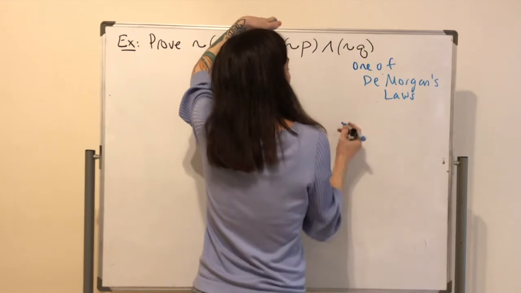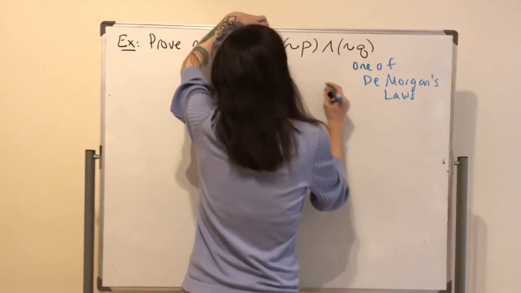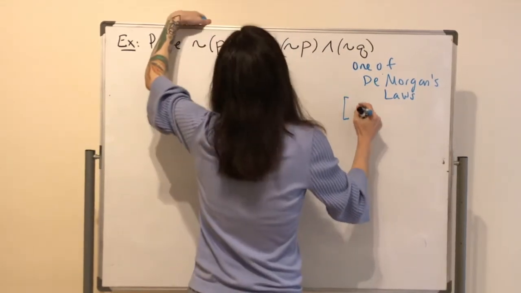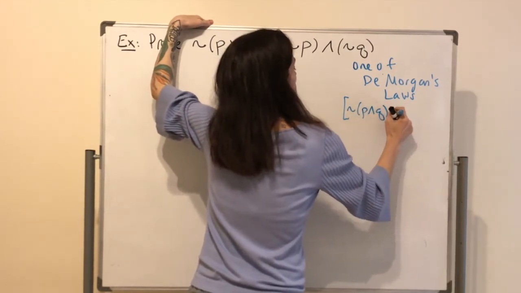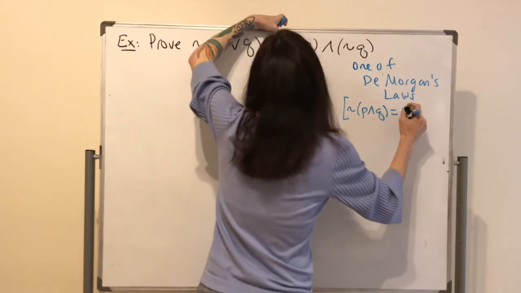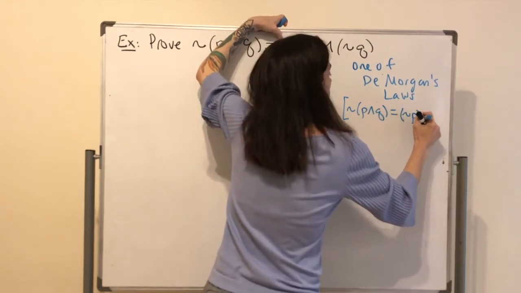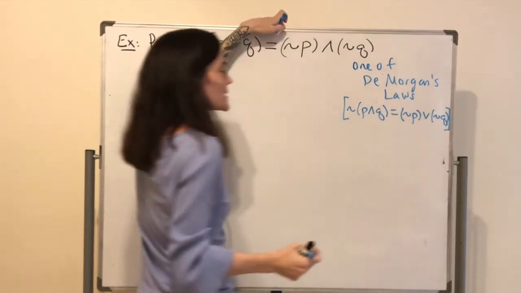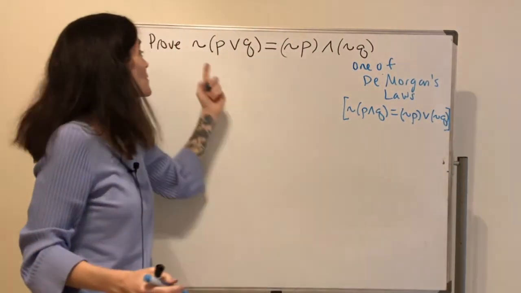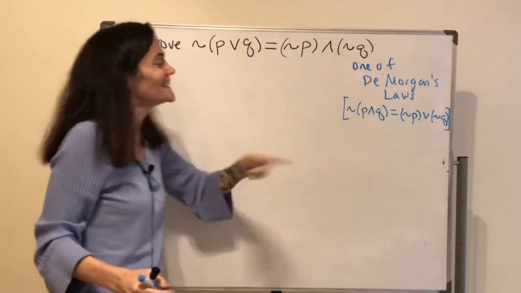The other one, just as a comment, says if you take not (P and Q), this is logically equivalent to not P or not Q. Both of them talk about how you negate an or.